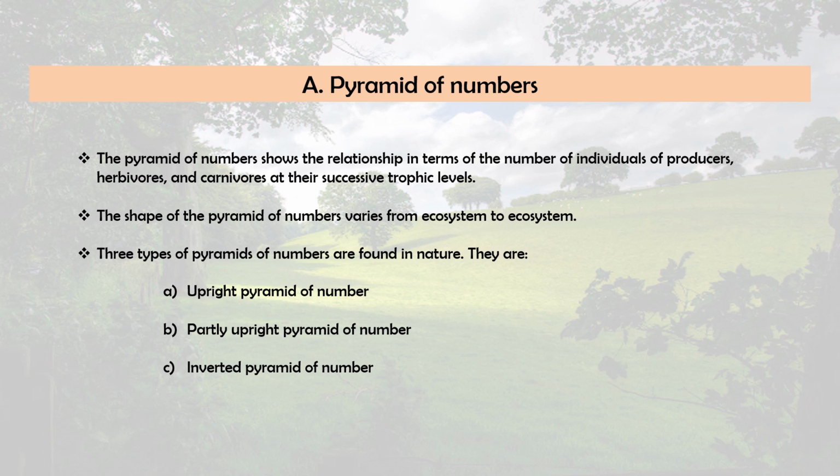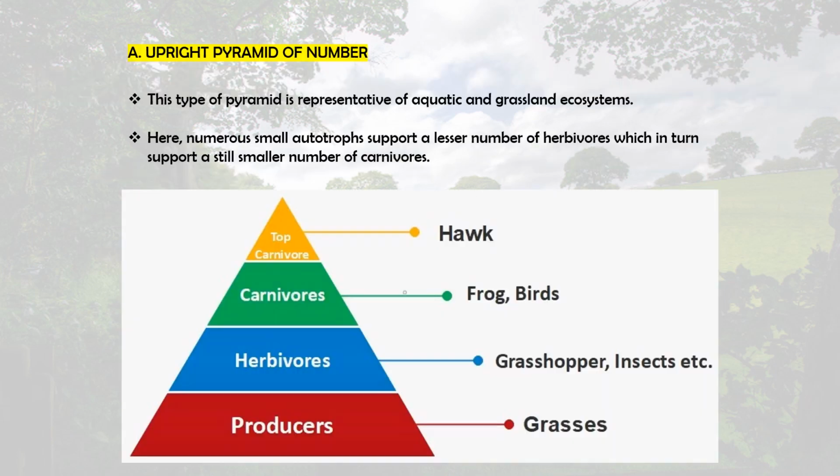So on the basis of food chain we will get all these pyramids. And the first one is upright pyramid of number. Here the pyramid is especially of aquatic and grassland ecosystem.